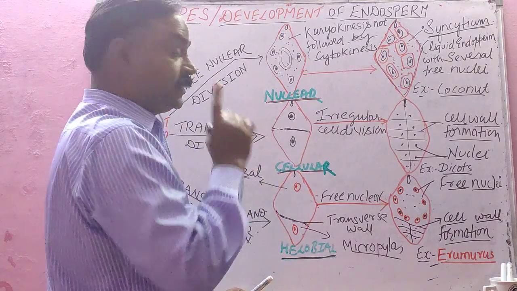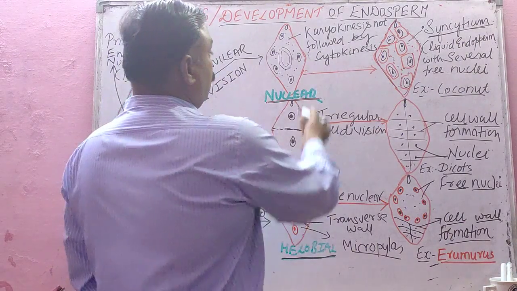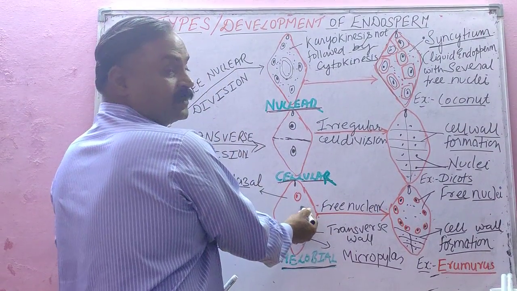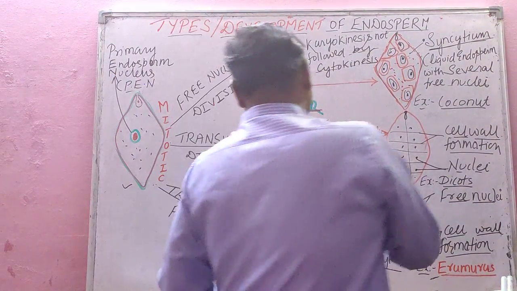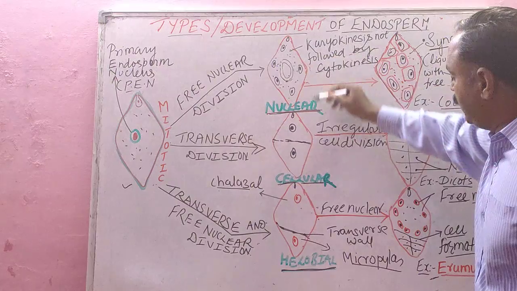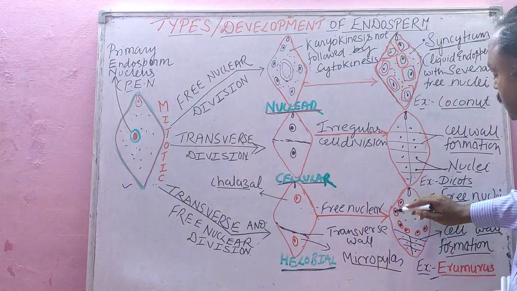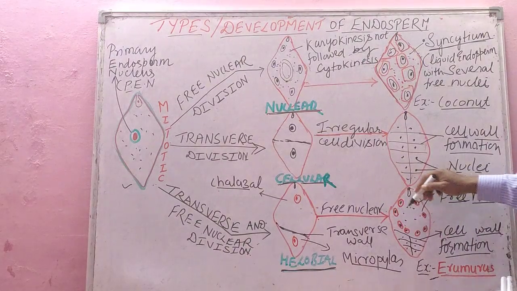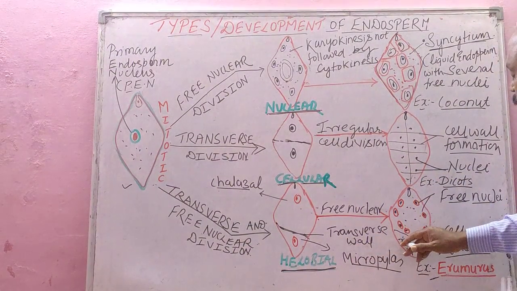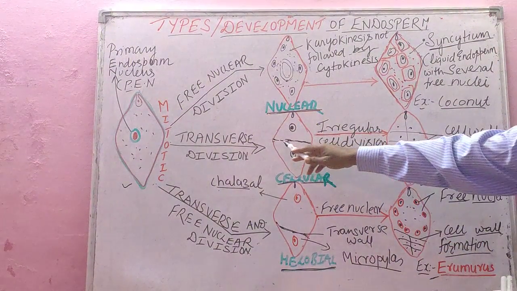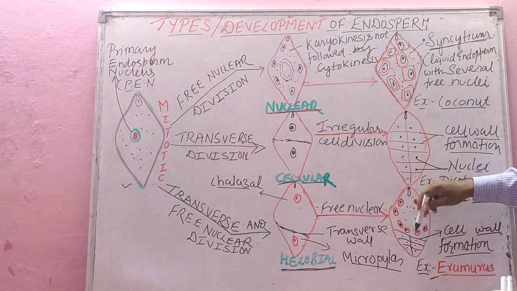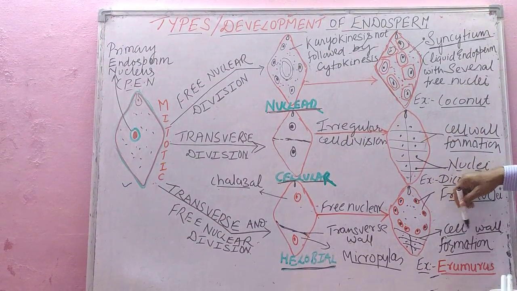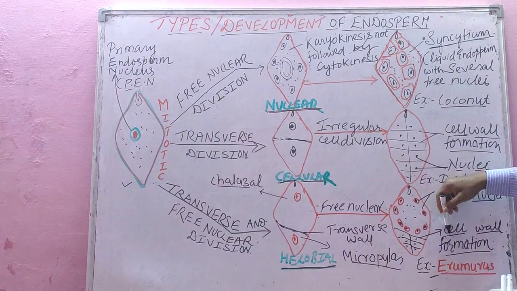And then, student, what happens? Very interesting thing occurs here in the halobial. As I told you, it is the intermediate of both. So in the upper chamber, that is chalazal chamber, free nuclear division occurs without the formation of wall, while in the lower chamber, micropylar chamber, like cellular, all the nuclei get immediately surrounded by the formation of wall.